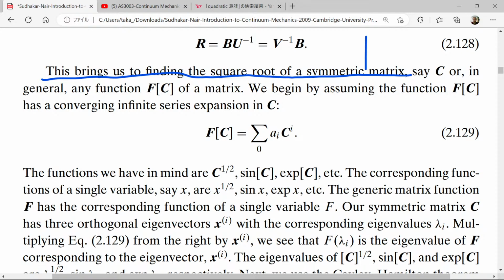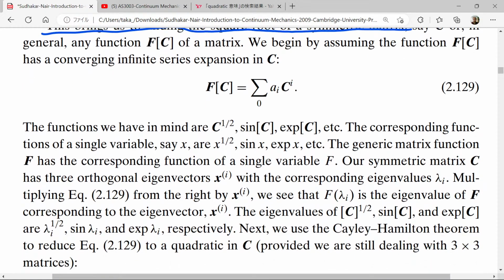Our symmetric matrix C has three orthogonal eigenvectors xi with the corresponding eigenvalues lambda i. Multiplying equation 2.1.29 from the right by xi, we see that f of lambda i is the eigenvalue of f corresponding to the eigenvector xi.